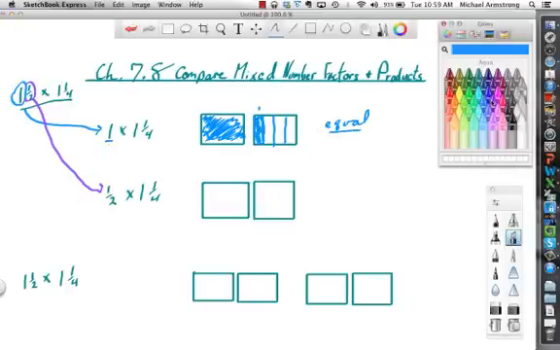And we come down here and we do the next piece of the puzzle, which is 1/2 times 1 1/4. Well, we're going to shade everything exactly the same way, but we're going to start by cutting everything in half. So now we're going to shade this, and then if we were to cut this in half again, and then cut these into fourths, just like we did last time, but we're only going to shade this much.